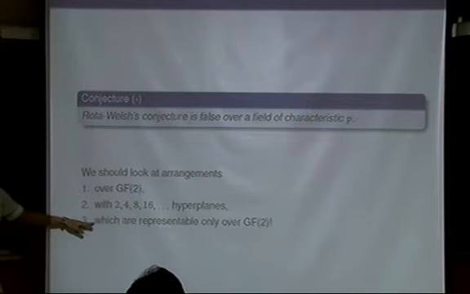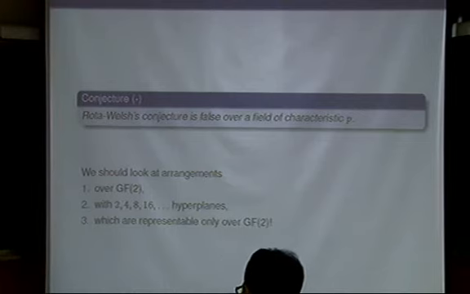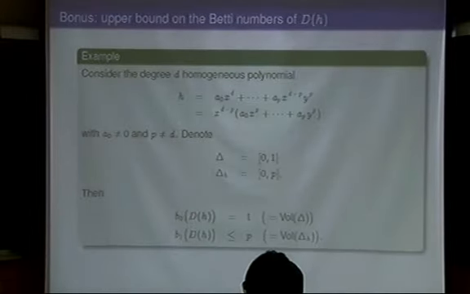And we should look at the matroids that are only representable over fields of characteristic 2. And there are a lot of them. I haven't calculated too many of them, but I'm pretty sure if there is a counterexample, then here is what we are looking for. Anyway, let me continue with this bonus.